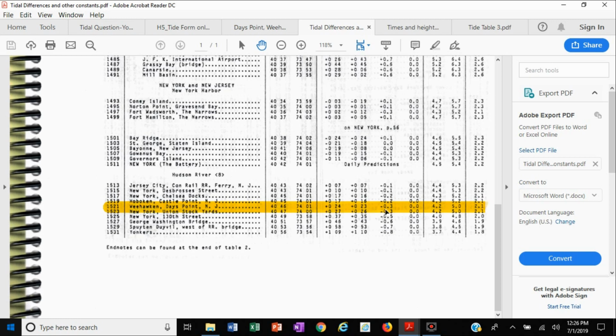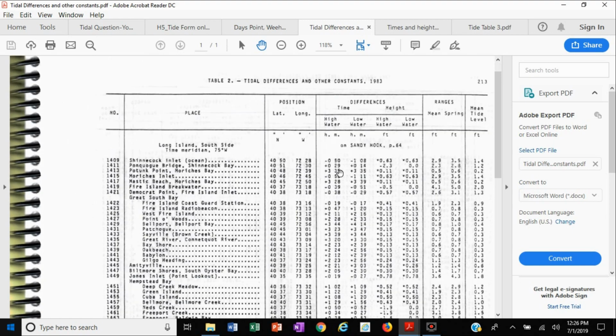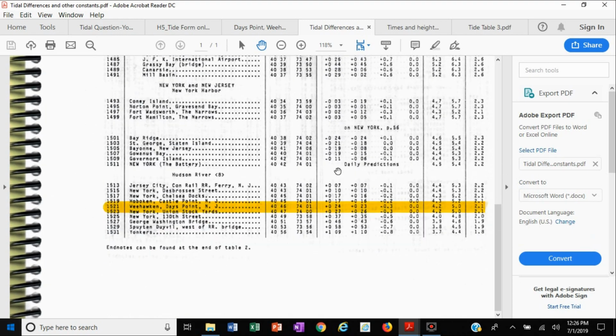Then we have some things we need to plug in. The first thing is the position, latitude and longitude. We really don't have to worry about this too much on the tide table. But we do have to worry about the time differences and the differences in height, both for high water and low water. These are the things you really want to plug in.